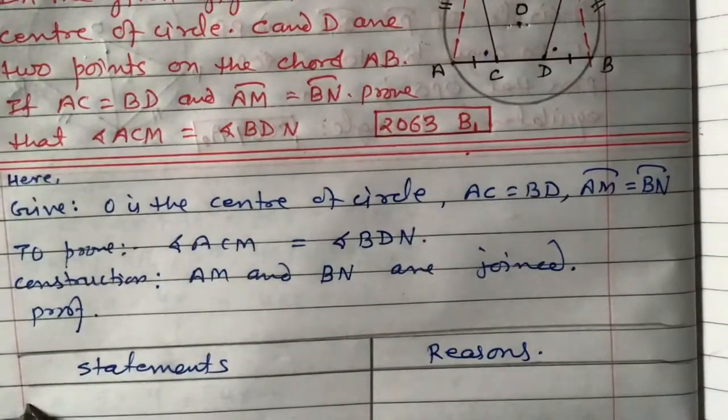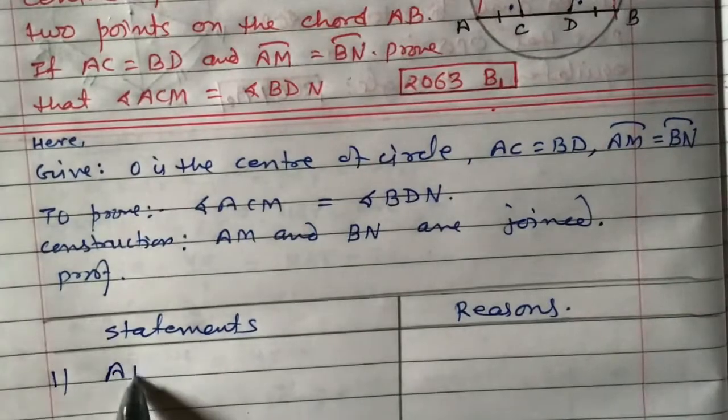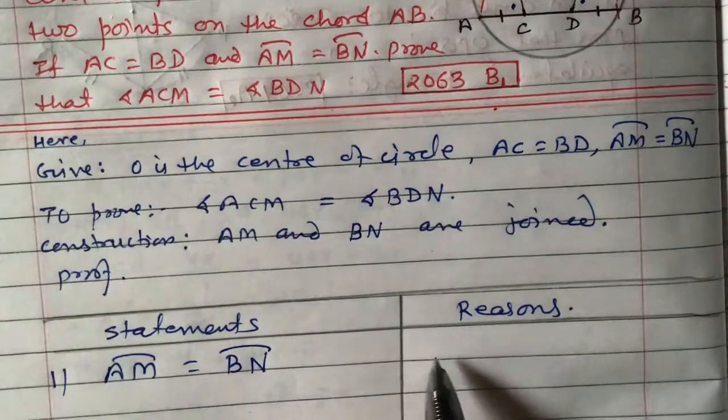Number one: arc AM equals arc BN. It is given to us.